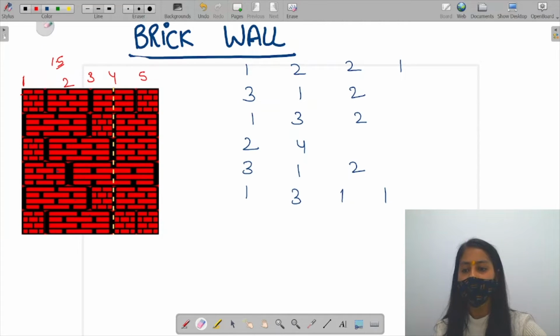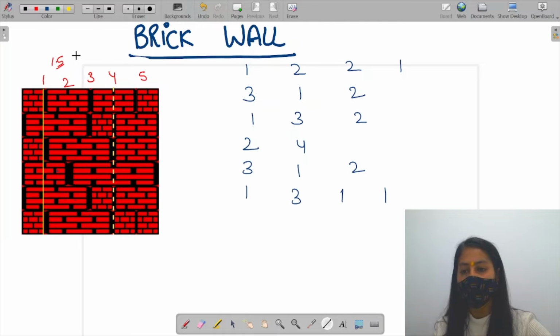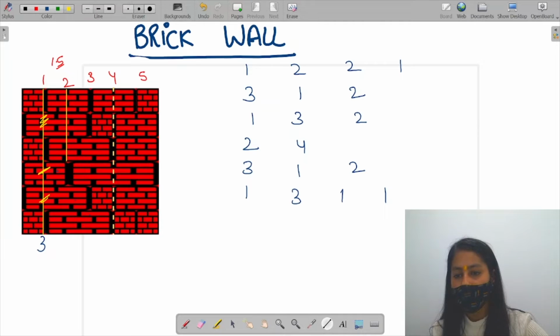So for example, if I draw a vertical line at this point, that is at 1, then the total number of brick rows here are 1, 2, 3, right? So the total number of brick rows are 3. Now let's suppose I draw a vertical line at 2 now. Total number of brick rows are 1, 2, 3 and 4 and 5, right? Total number of brick rows are 5. Next, let's suppose at point 3. Here the total number of brick rows are 1, 2 and 3.